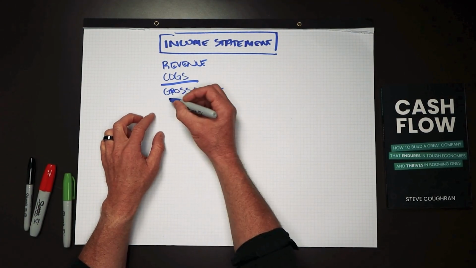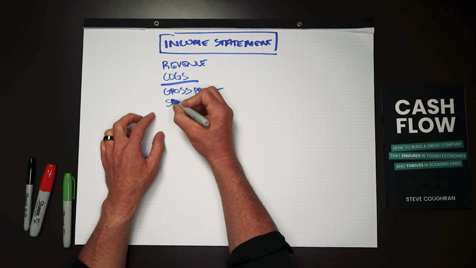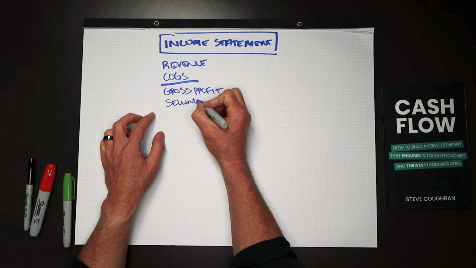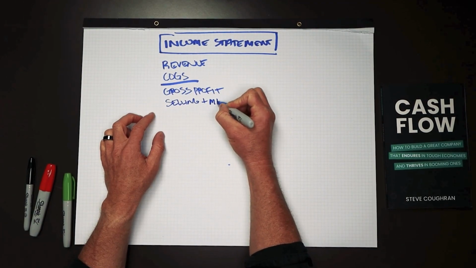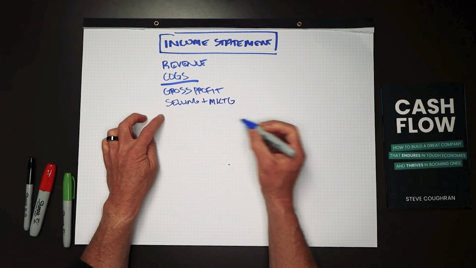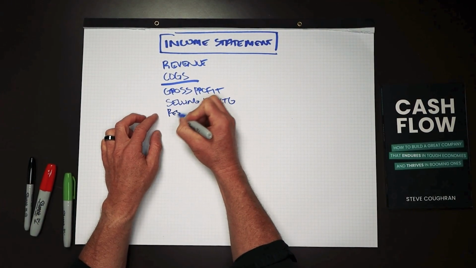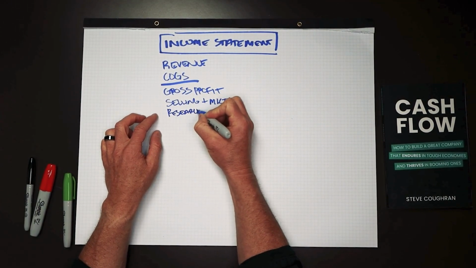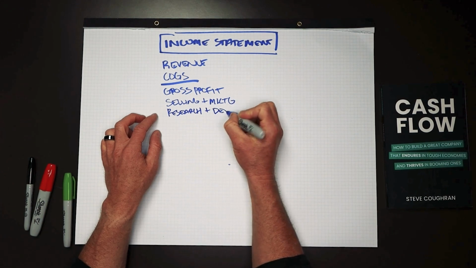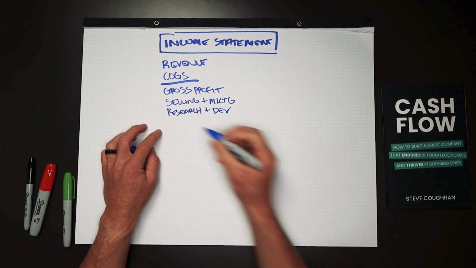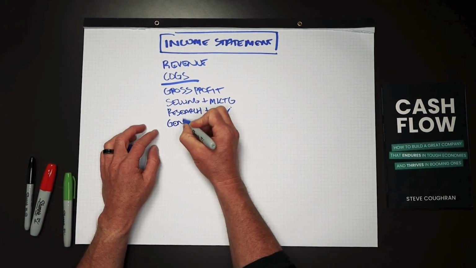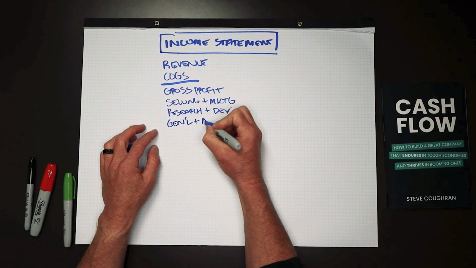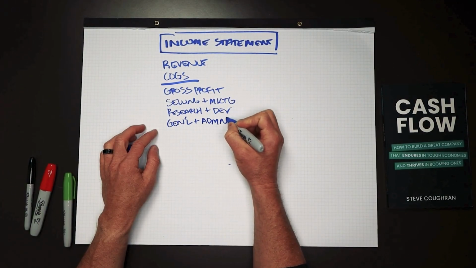Now, operating expenses can be broken down into selling and marketing cost, research and development, I'll just abbreviate here, and general and administrative.